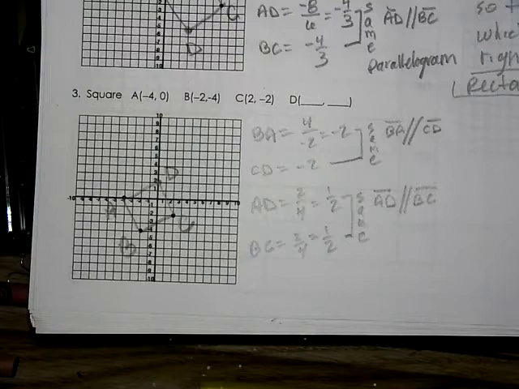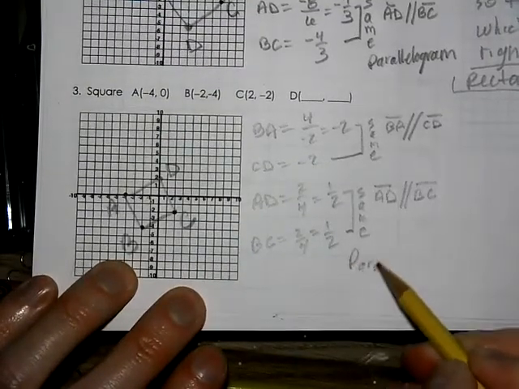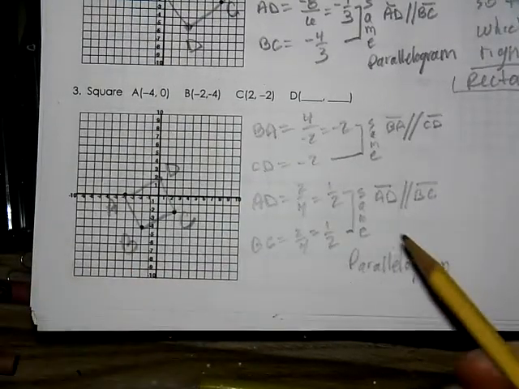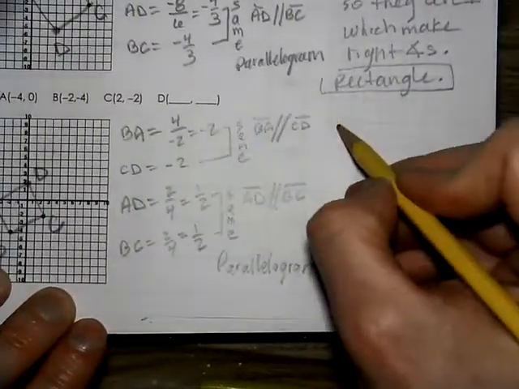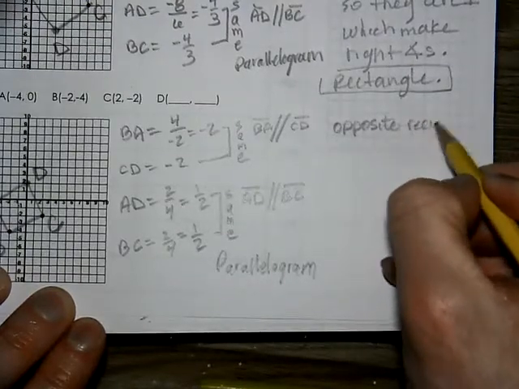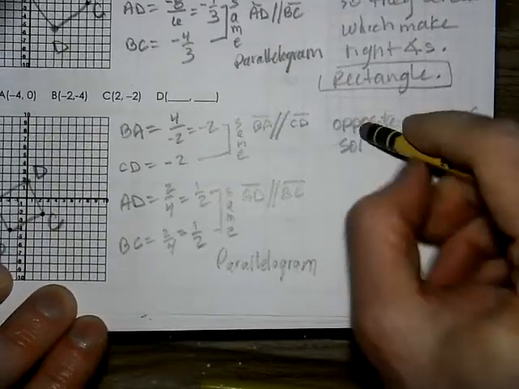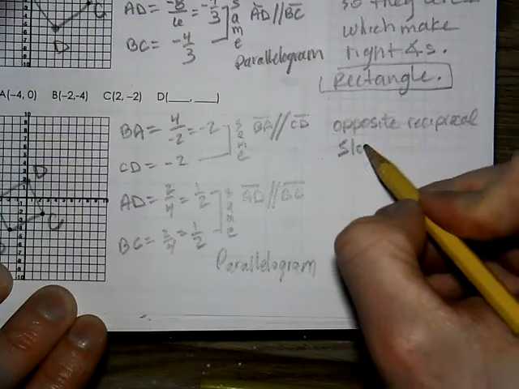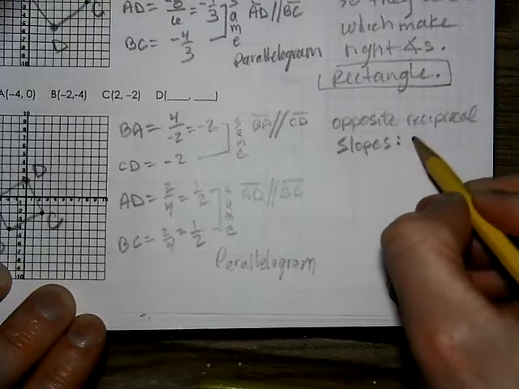So now we have two sets of parallel sides again. That makes a parallelogram. We have opposite reciprocal slopes, which makes a rectangle.